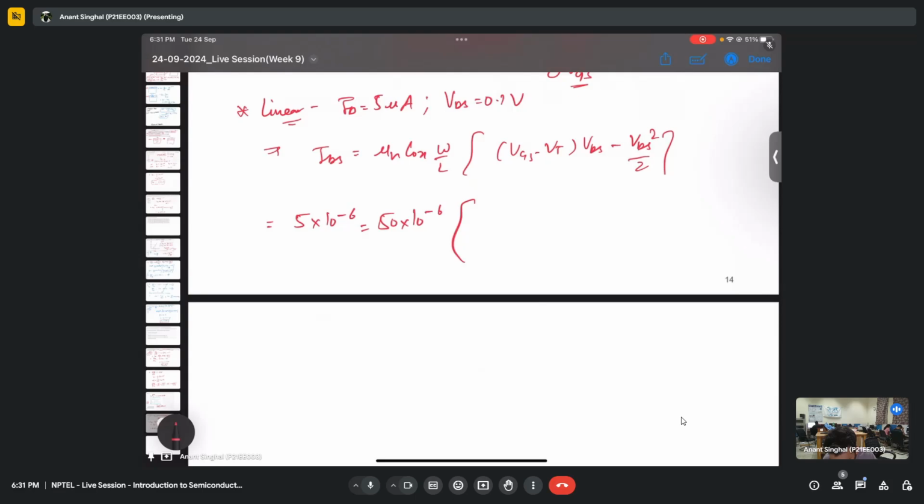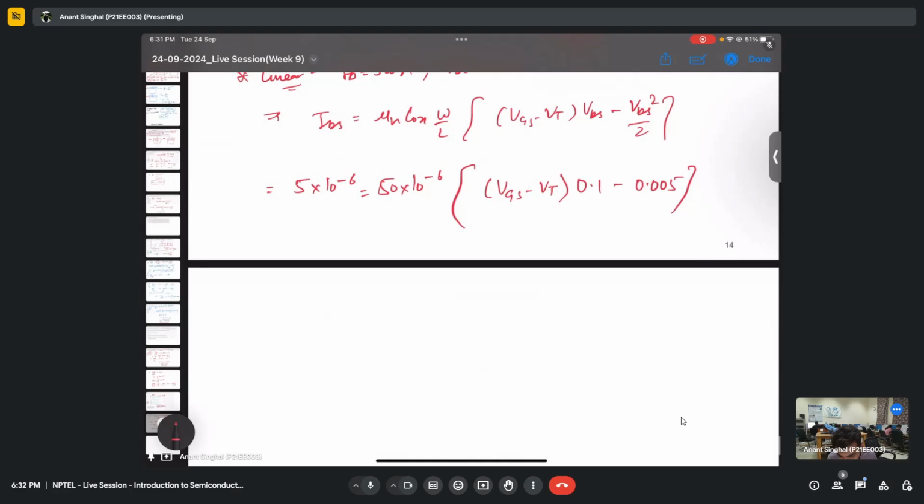VGS is also given, I guess. No, VGS is not given. VDS is given as 0.1. So this is 0.005. So maybe this is nothing but 10.